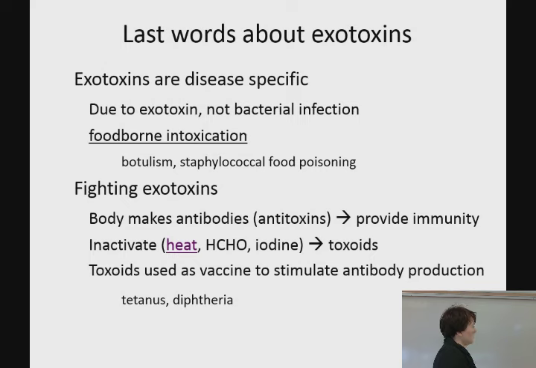Now, how do we fight exotoxins? Our bodies will detect a toxin, which is a protein, as a foreign thing that shouldn't be there, and we'll make antibodies against it. Those antibodies are called antitoxins, and they provide long-lasting immunity.